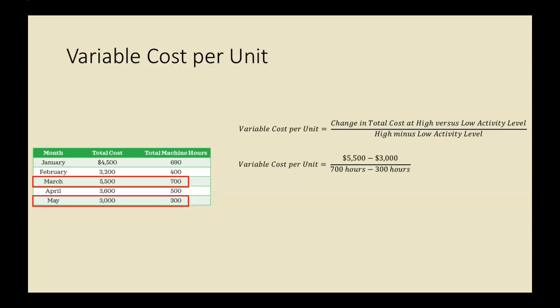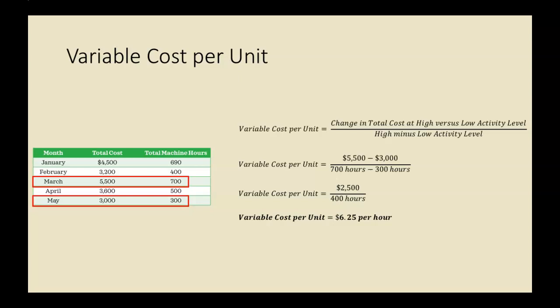So once again, the high activity level minus the low activity level. That simplifies down into $2,500 divided by 400 hours, and we get a variable cost per unit of $6.25 per hour.